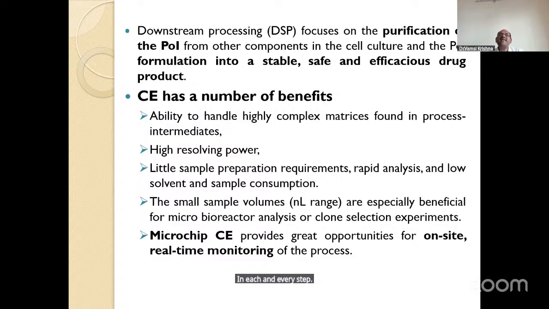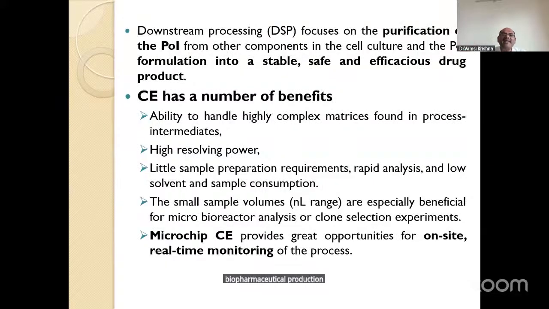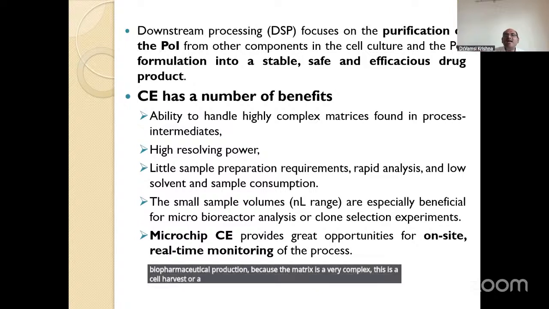So if you see this biopharmaceutical production, the production is very complex and the matrix is very complex. It is not that easy to analyze each and every step in the biopharmaceutical production because the matrix is very complex. This is a cell harvest or cell culture media we are going to analyze.